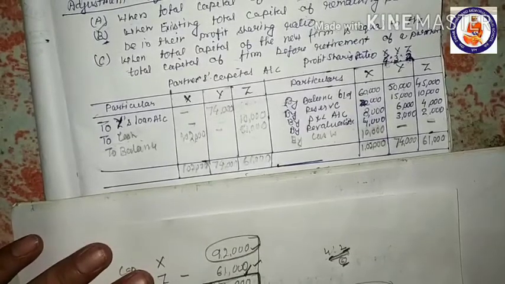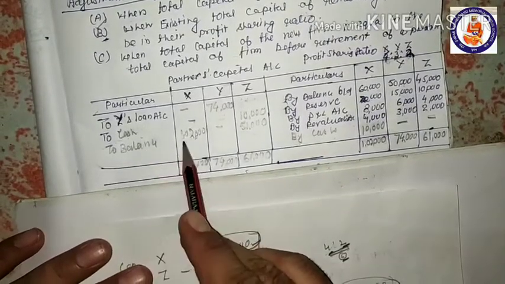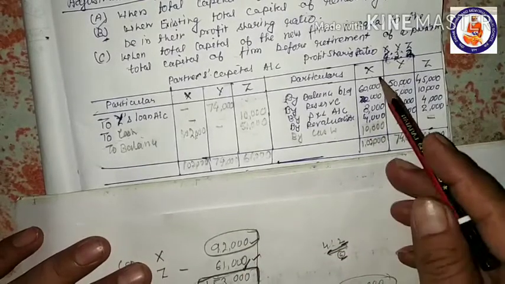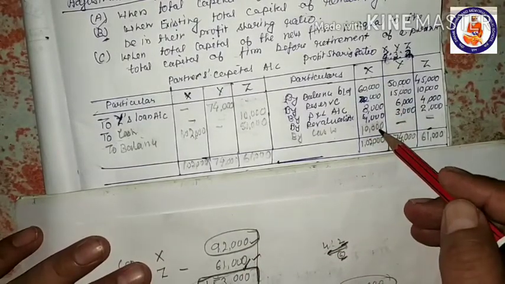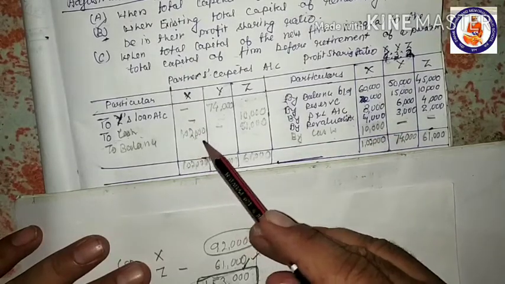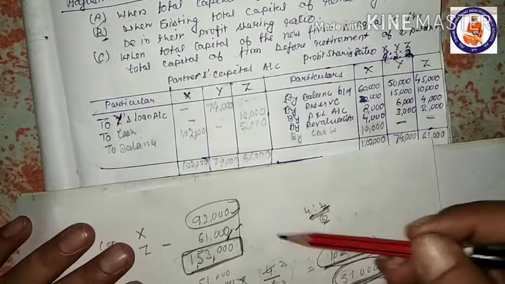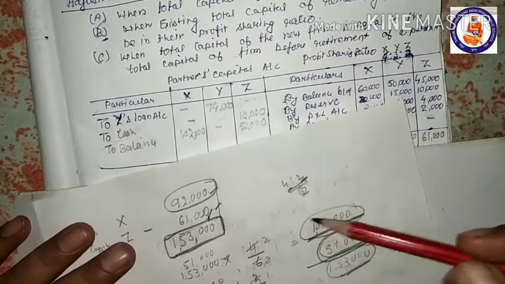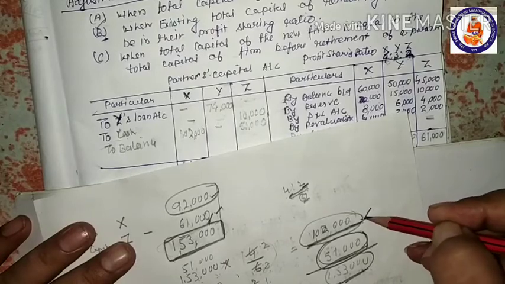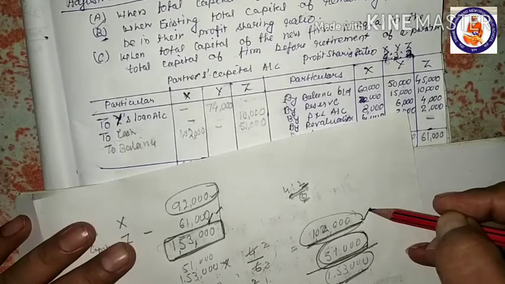So this way we can see clearly that when X brings 10,000 rupees, his capital becomes 1,02,000, which is the requirement of the new firm.